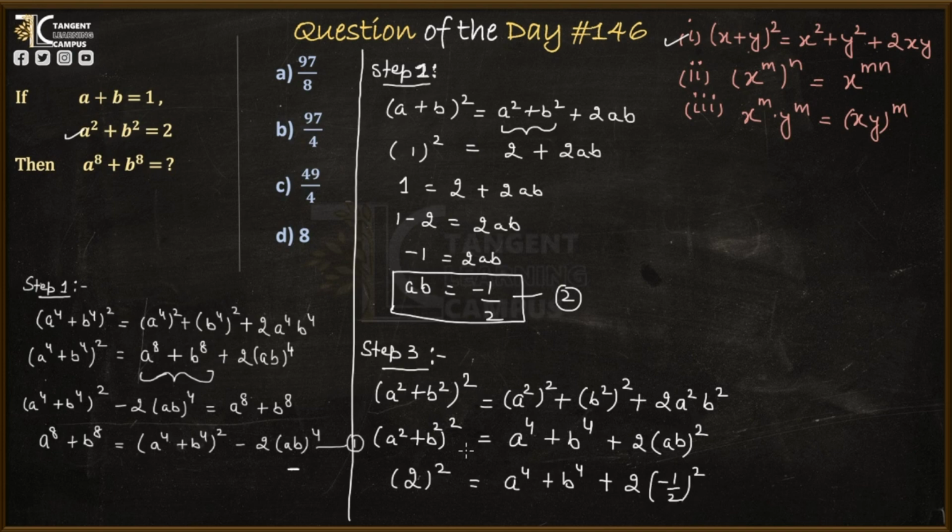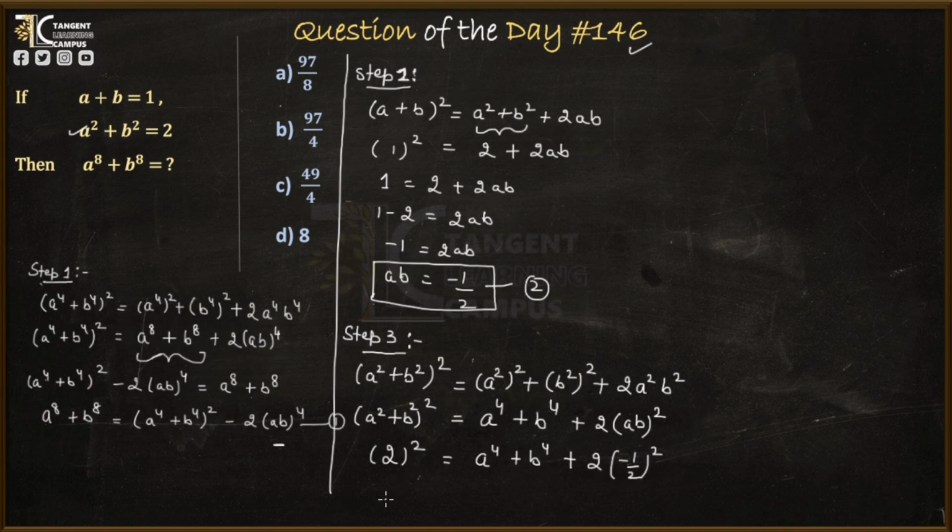Now we can solve it to get the value of A⁴ + B⁴. So 2 to the power 2 is 4, which is equal to A⁴ + B⁴ plus 2 times this, minus 1 by 2 when squared becomes positive 1 by 4. So we can cancel this, and here it becomes 1 by 2.